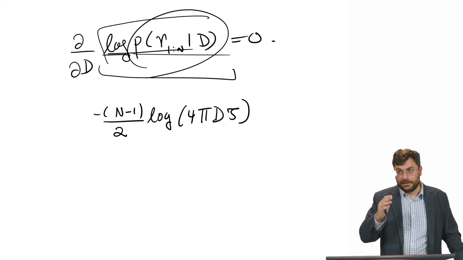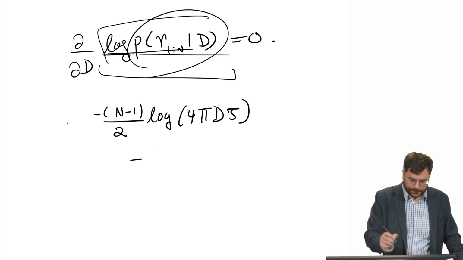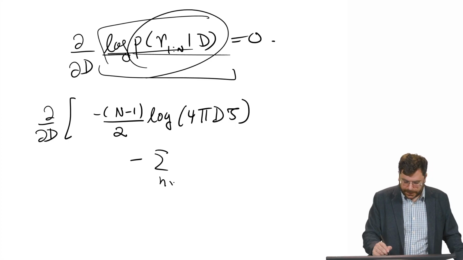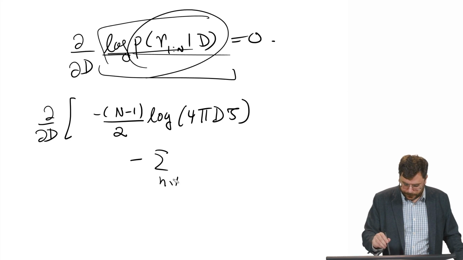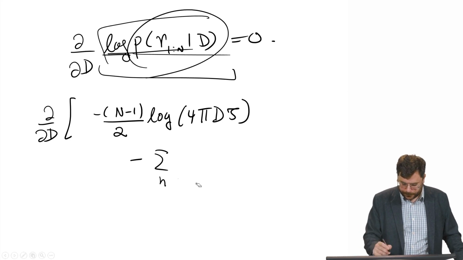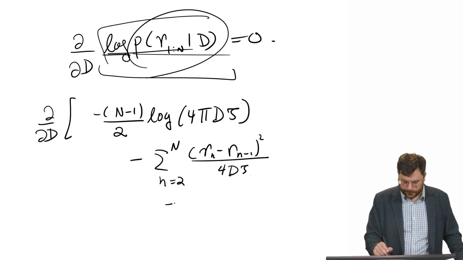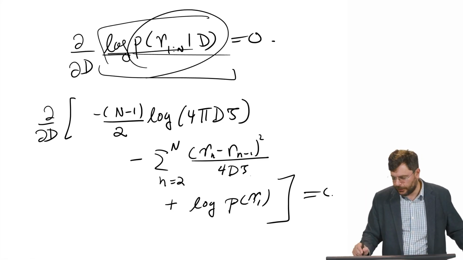That's the log of the normalization, minus sum n from 2 to big N, Rn minus 1 squared divided by 4 d tau, plus the log of the initial condition, close bracket, and I have to set this whole thing equal to 0.